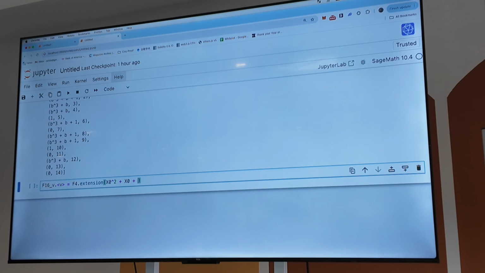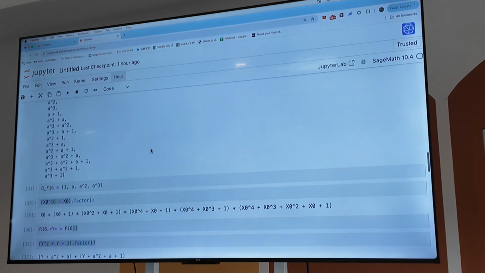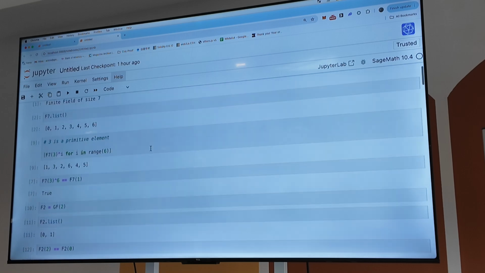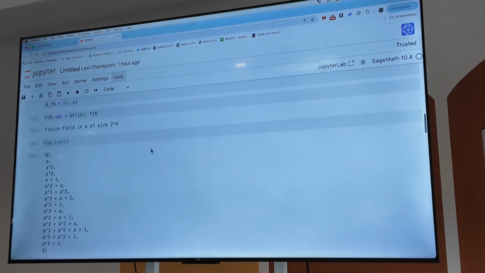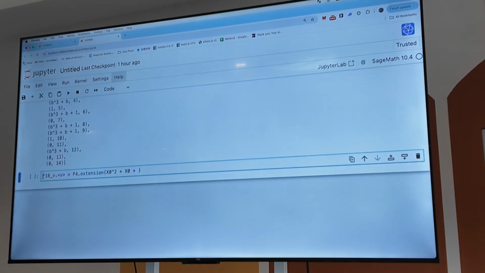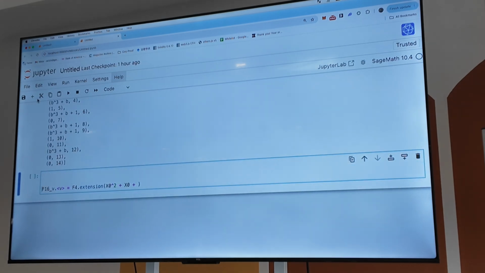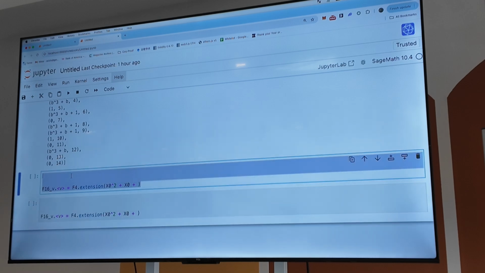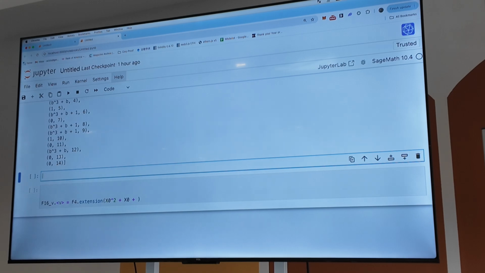So I have to define the F4 ring, R4 equals F4 dot x1.